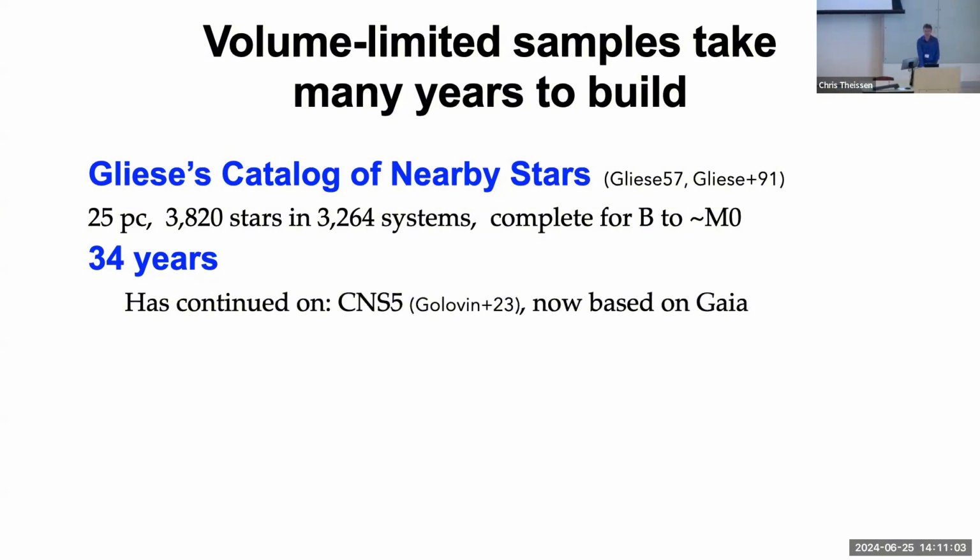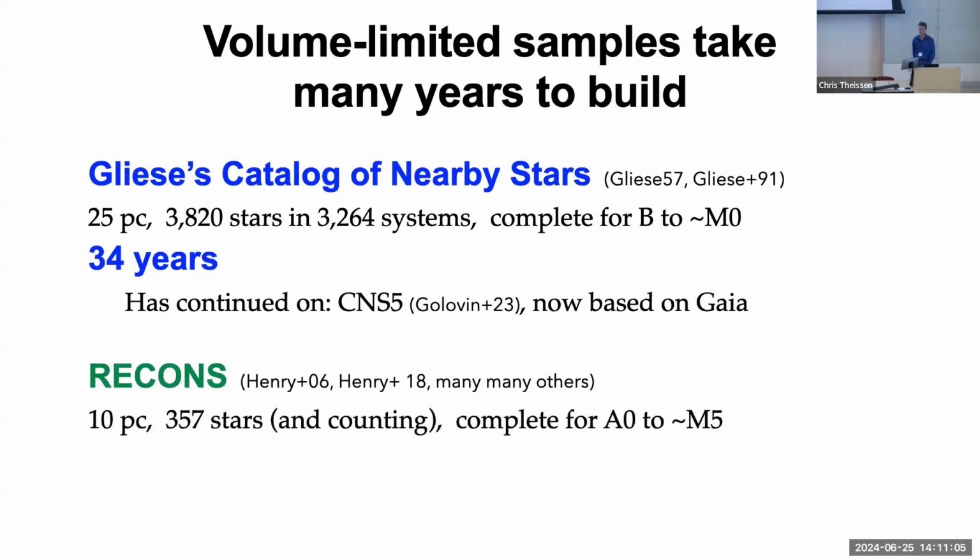Another big project that has contributed enormously, of course, has been RECONS, which published the 10 parsec sample I showed the plot from. They've been working, of course, to greater distances, and Todd will be talking about that in a little while. Also complete, but not all the way down, just midway through the M dwarfs, approximately at 10 parsecs. Challenging to get all of the objects.